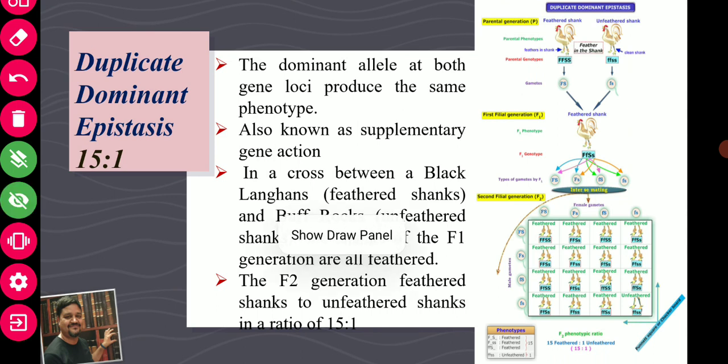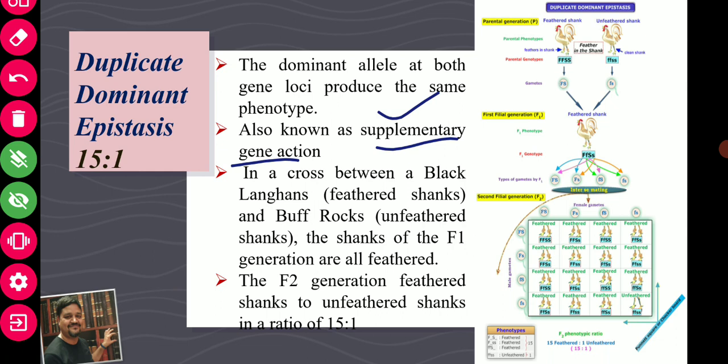Now coming to duplicate dominant epistasis. As the name suggests, duplicate dominant means the dominant allele at both gene loci produces the same phenotype. So the dominant alleles at both the loci will produce the same color. This is also called supplementary gene action.